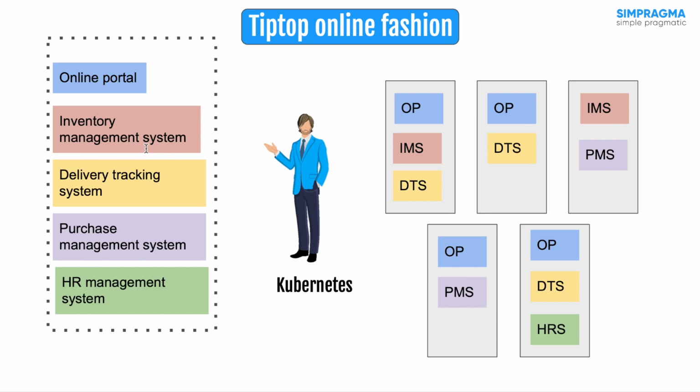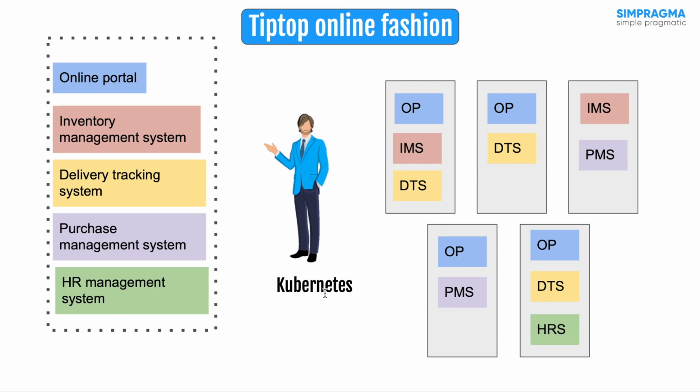Since the number of users for the inventory management system is less, we have fewer instances. The number of users for the delivery tracking system is more than the inventory management system and less than the online portal. So we have 3 instances of the delivery tracking system running in 3 different servers.